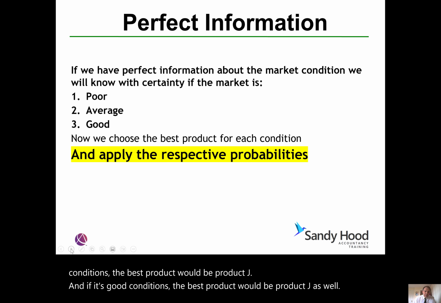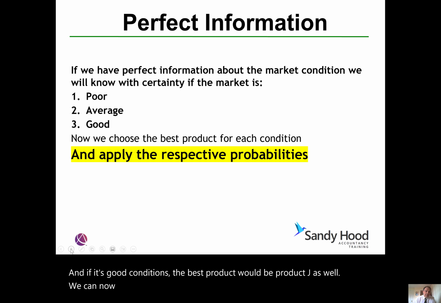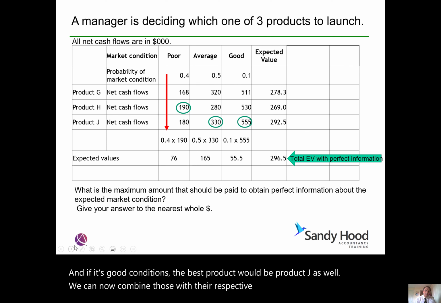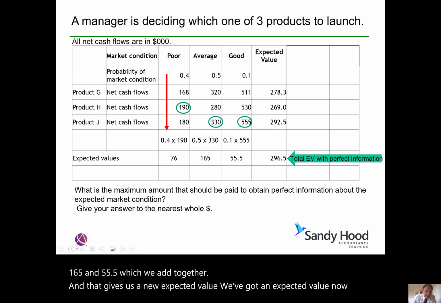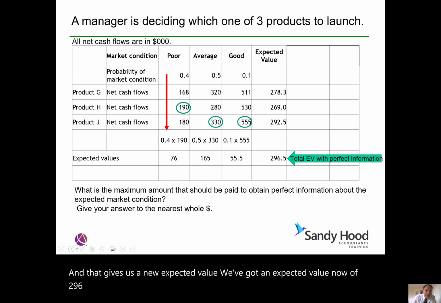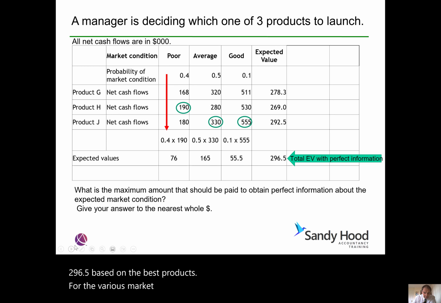We can now combine those with their respective probabilities, and that gives us 76, 165 and 55.5, which we add together, and that gives us a new expected value. We've got an expected value now of 296.5 based on the best products for the various market conditions.